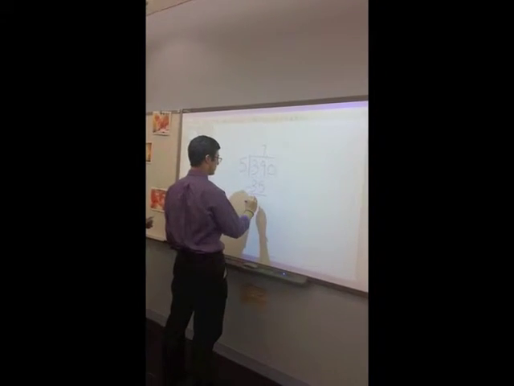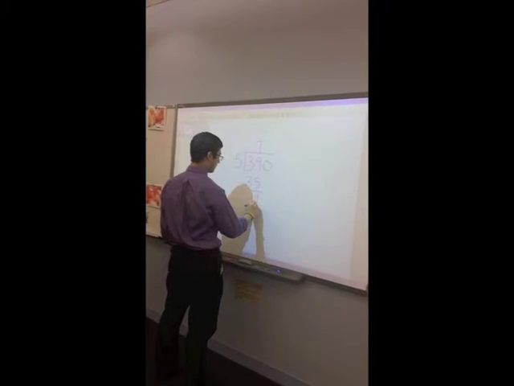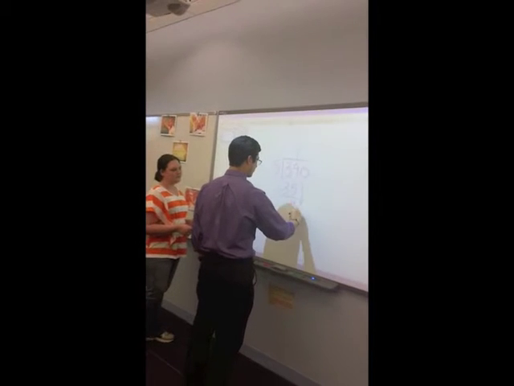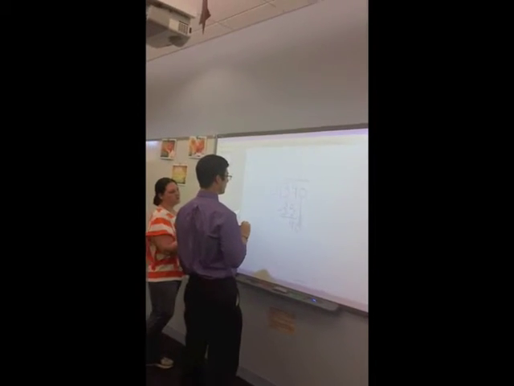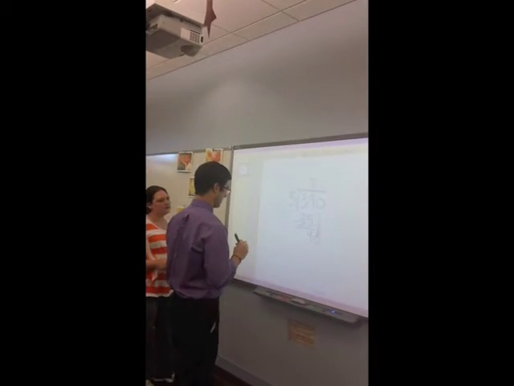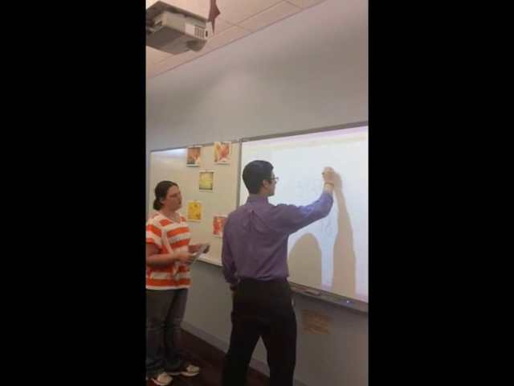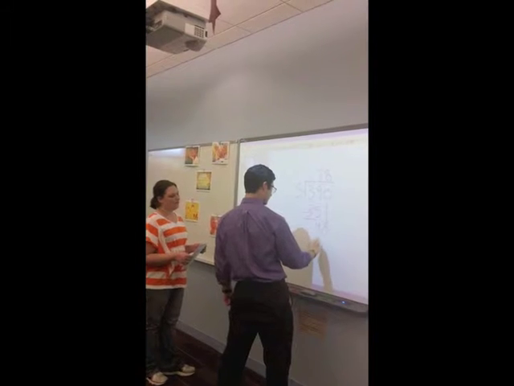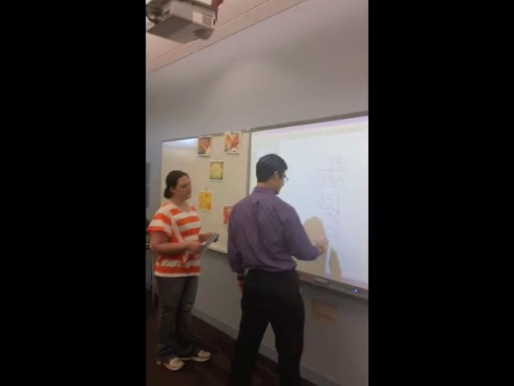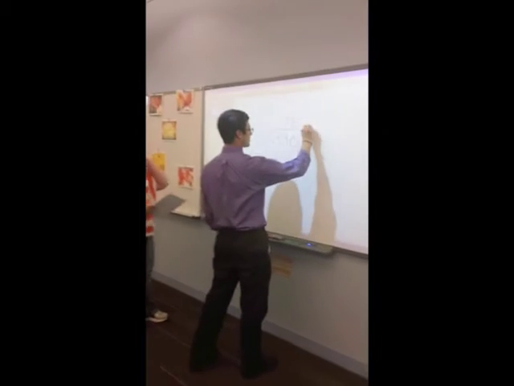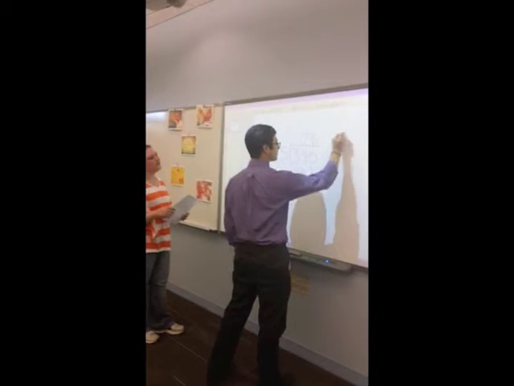And subtract. Correct. That gives you 4. And then you bring down 0. There you go. And so will 5 go into 40? Yes. Okay, how many times? 8. Okay. And you get 0. There you go. So your answer's 78. Very good.